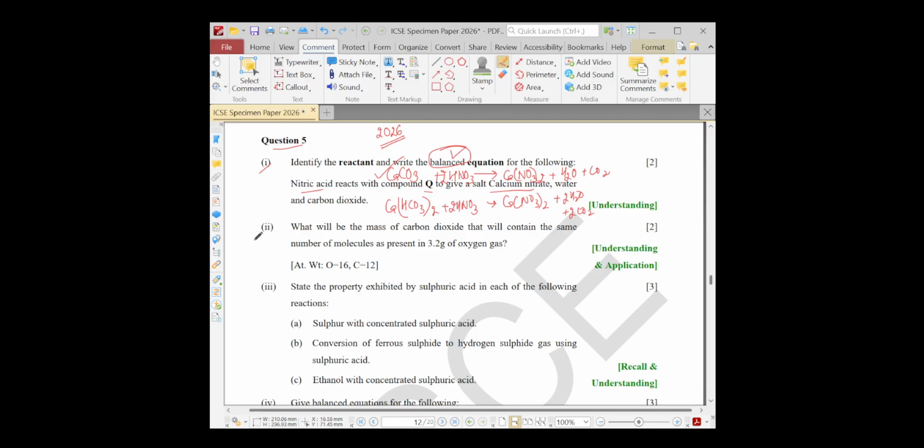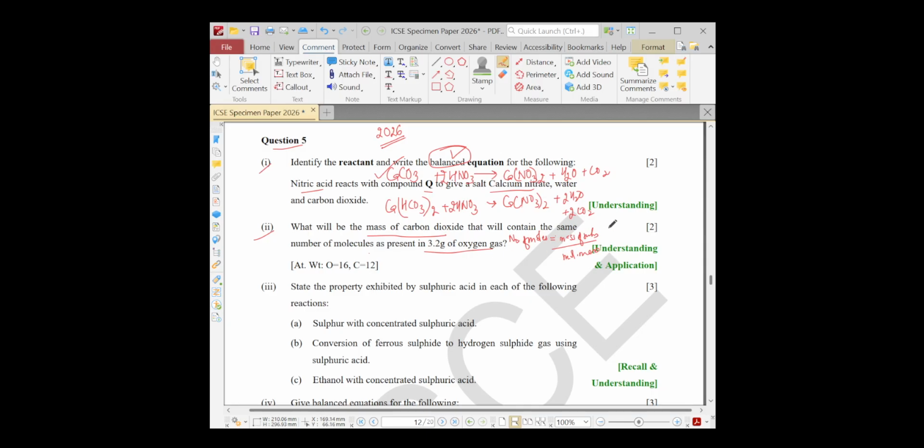Next, this is an interesting numerical. What will be the mass of carbon dioxide that will contain the same number of molecules present in 3.2 grams of oxygen? Now when you are equating, you need to know the number of moles. The formula says number of moles is equal to mass of substance divided by its molecular mass.